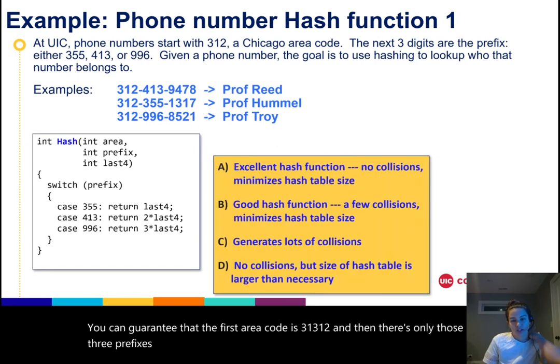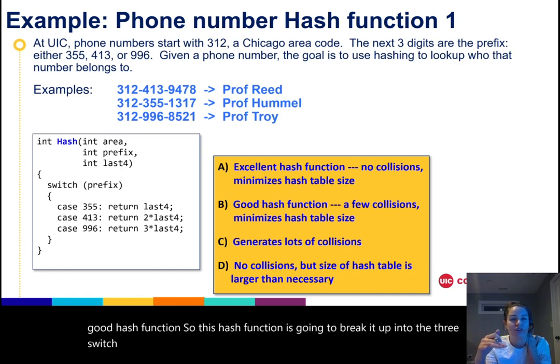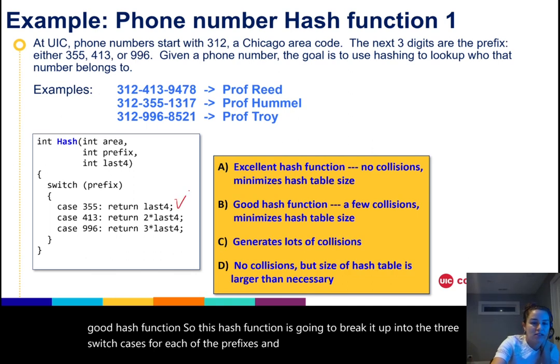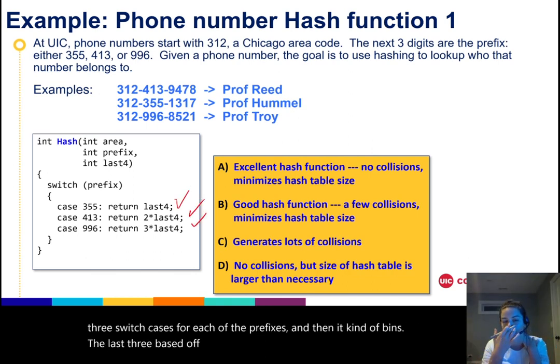So here's a potential hash function, and the question is, is this a good hash function? This hash function is going to break it up into the 3 switch cases for each of the prefixes, and then it bins the last 4 digits based off of those 3 possible options. So let's try it out.